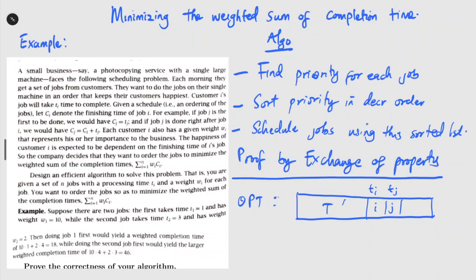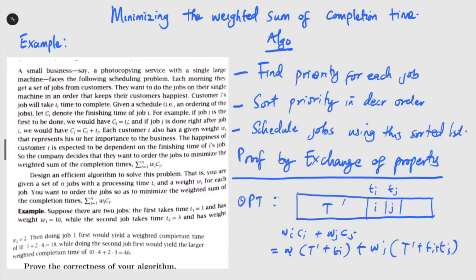Let's take that down. The weighted sum of all jobs would be WI CI plus WJ CJ, where CI would be T prime plus TI, and CJ would be T prime plus TI plus TJ. So WJ CJ would be WJ times (T prime plus TI plus TJ).